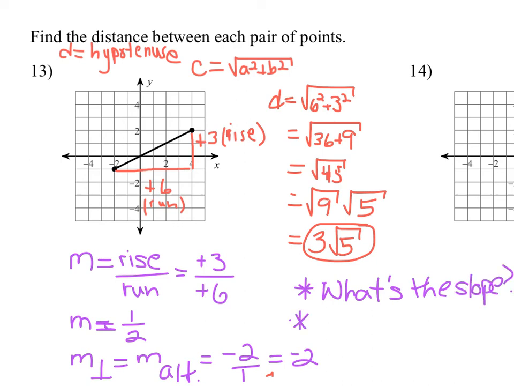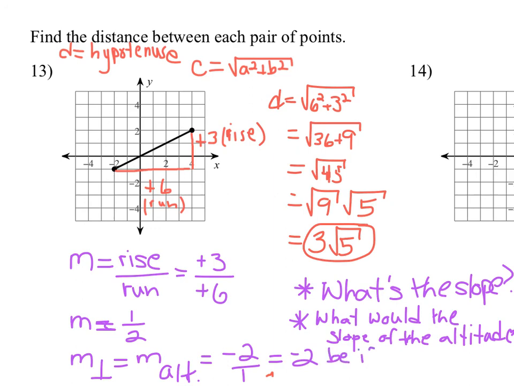And the second question that it's going to be identifying in purple ink is going to be what would the slope of the altitude, that's a definition we're going to go over in the lesson 8.3 video, be if this segment on the diagram were the base.